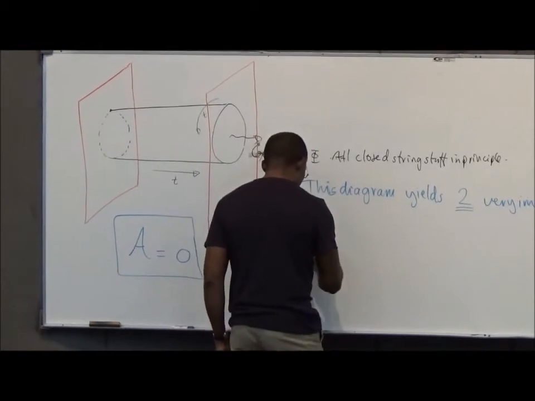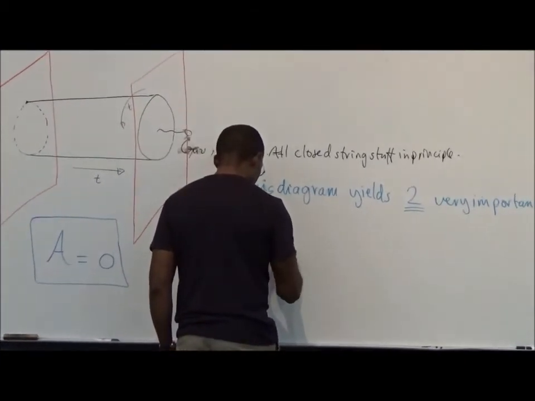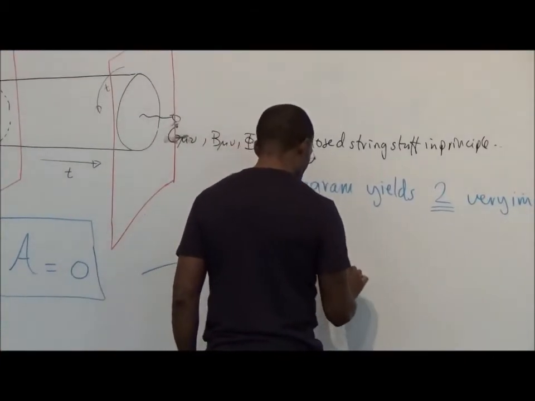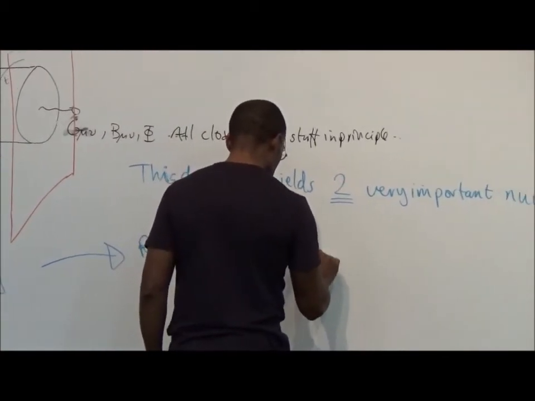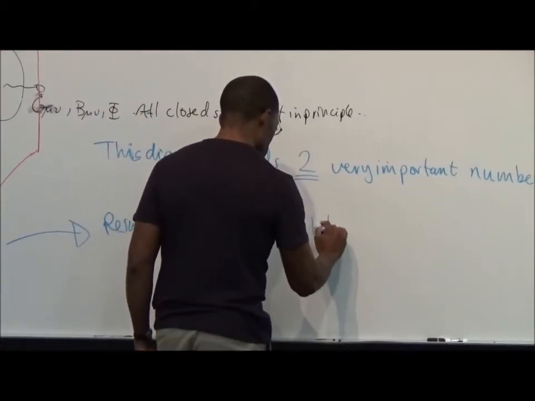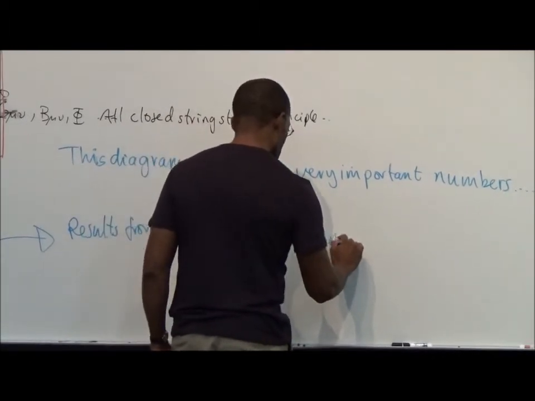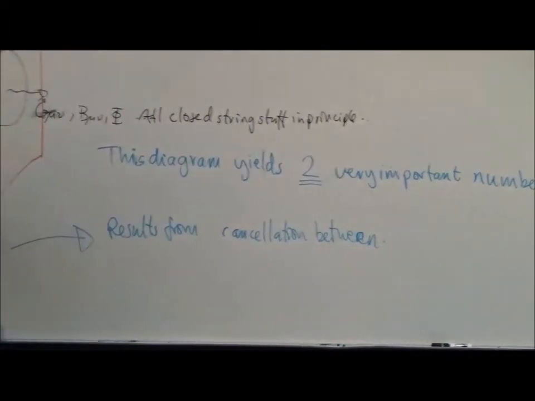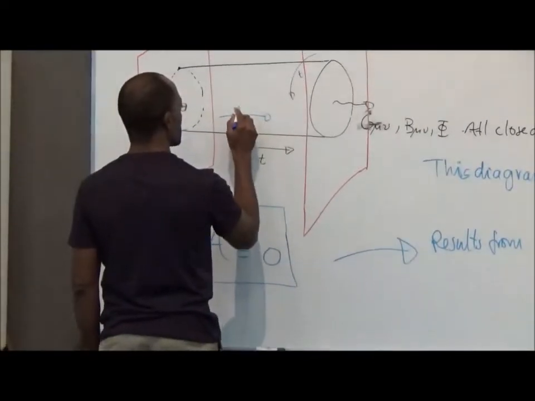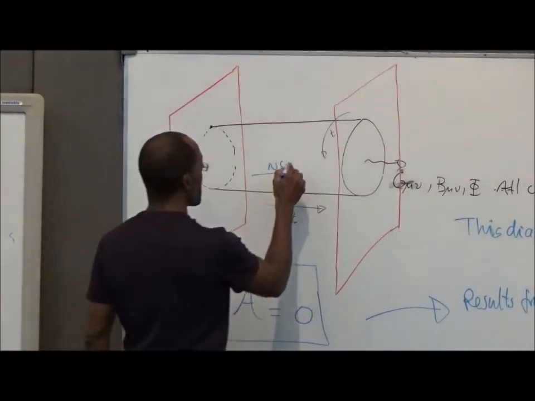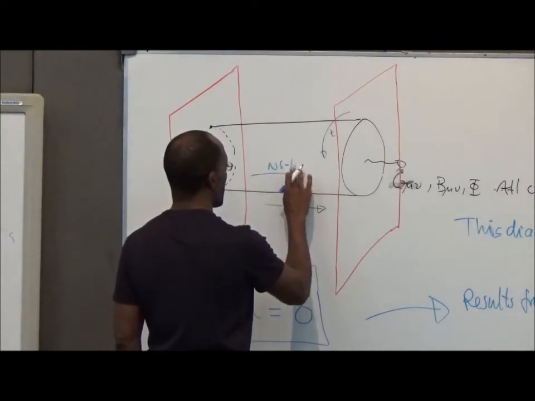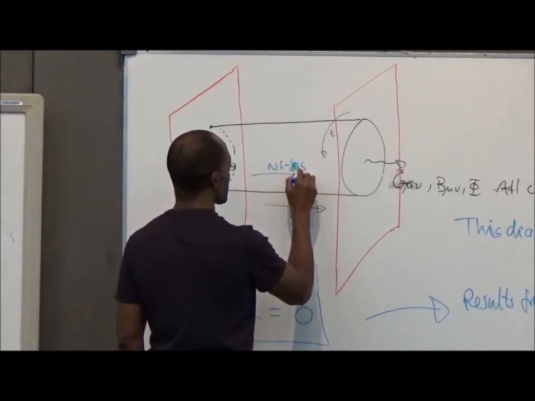And so the zero results from cancellation between two kinds of exchange. I have states which are in the Neveu-Schwarz. Remember, this is the closed string sector now, right? So things are in the following setup.